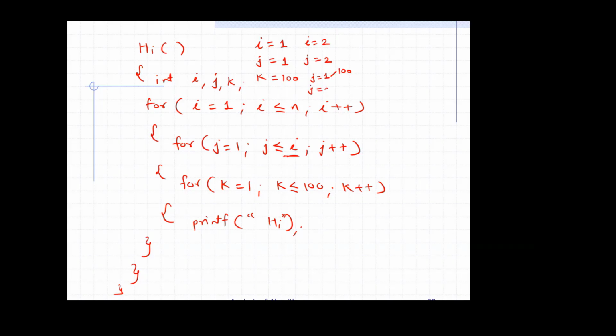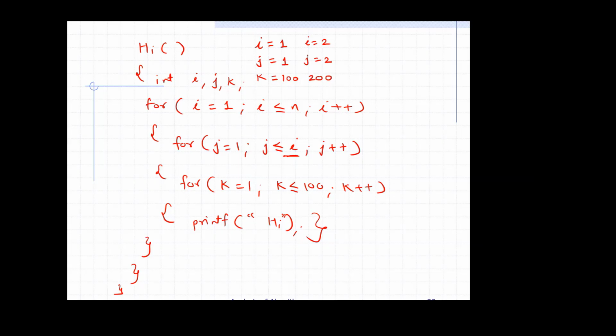Then j is going to increment, become 2. Again, hi is going to get printed 100 times. So together, the word hi will get printed 200 times, right? First when j was 1, second time when j was 2. So 100 plus 100, 200 times this statement gets printed.